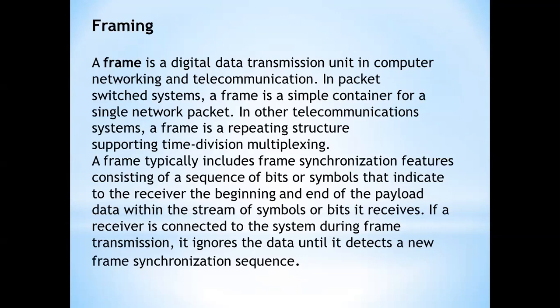The next technique is physical layer coding violation. This method of framing is applicable only to those networks in which the encoding on the physical medium contains some redundancy. Some LANs encode each bit of data using 2 physical bits. For example, in Manchester coding, there is a transition in the middle of the bit interval.